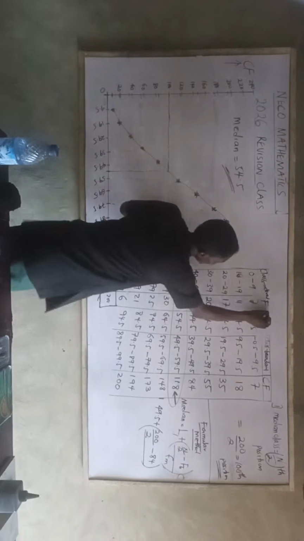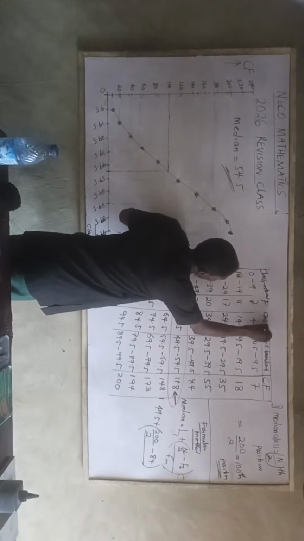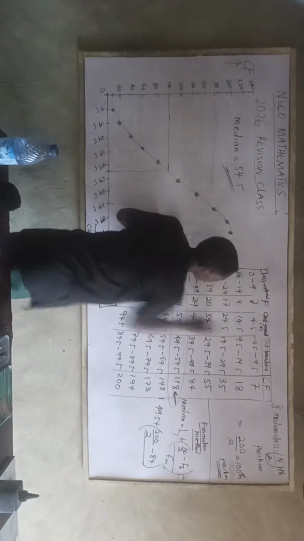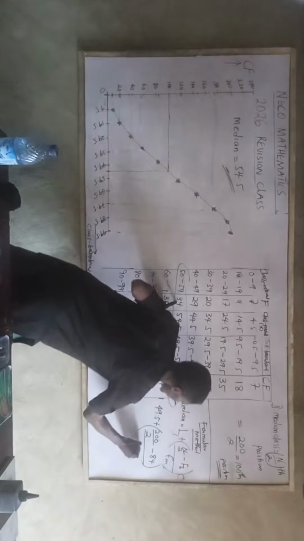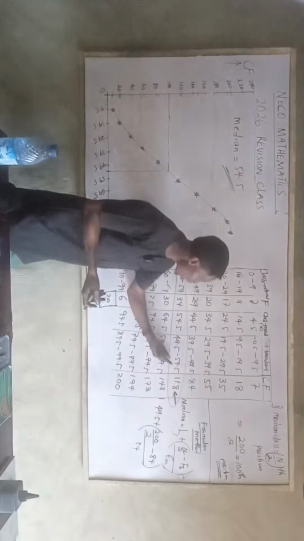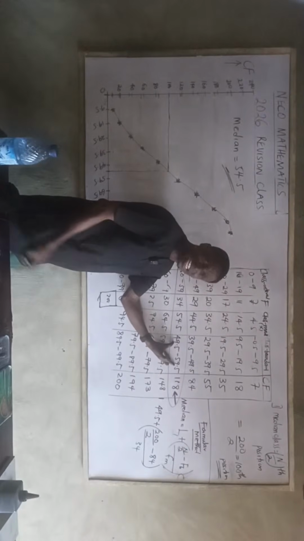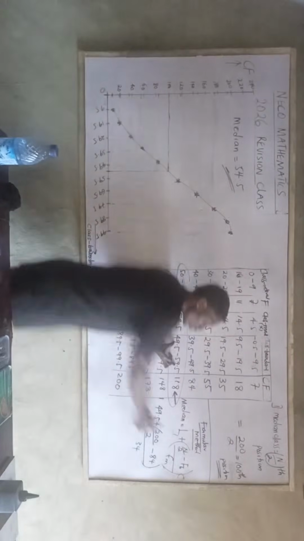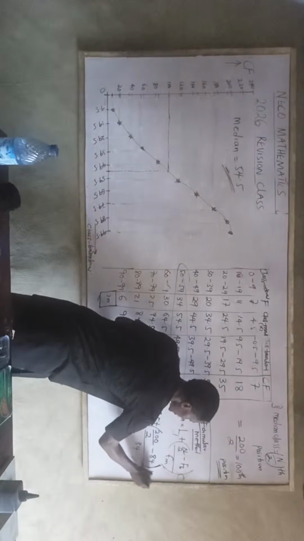Then this C, like I said the other time, means the class width. How do you get it? You subtract the lower class boundary from the upper. That gives you 10. So the class width here is 10, so you've got times 10.